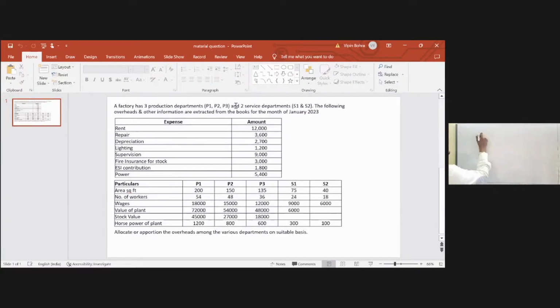The format of the solution will be expenses, or we can say particulars. Basis of absorption. What should be the basis of absorption? The total amount.